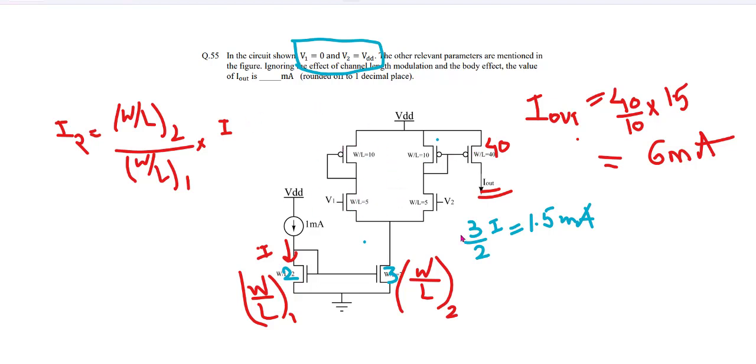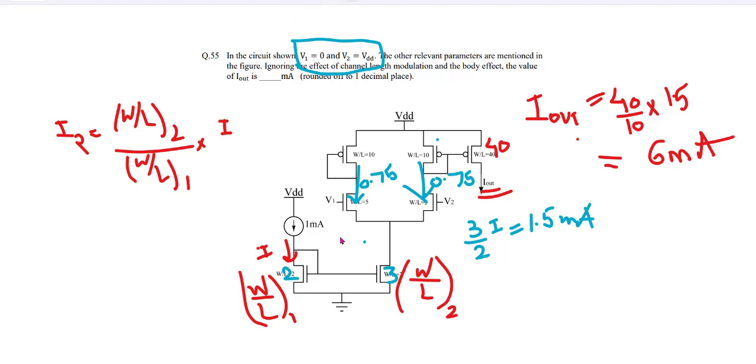Both aspect ratios are equal, so I can consider that equal currents flow from both sides, 0.75 from here and 0.75 from here. If the biasings are differential, we can take the same currents, and it would be 0.75 into 4. The answer would have been 3 milliamperes.